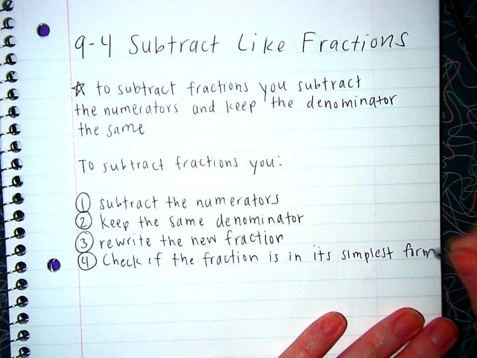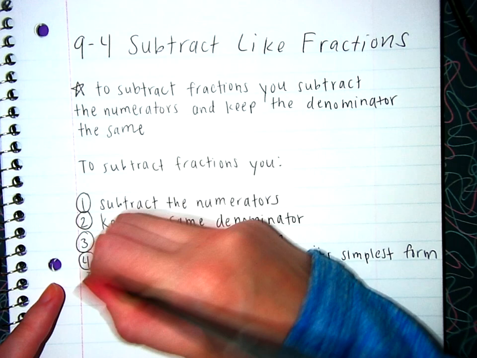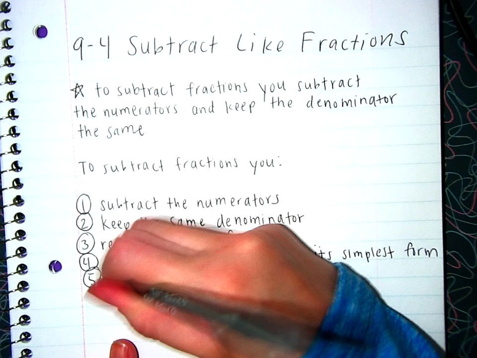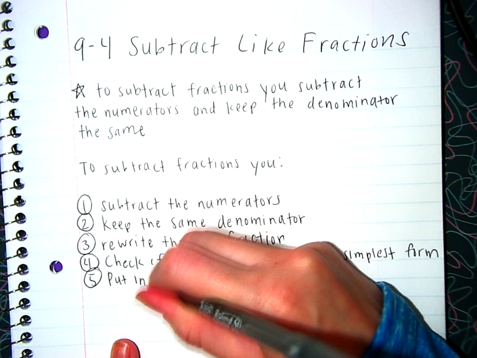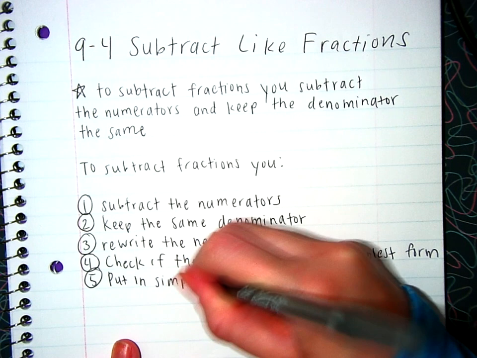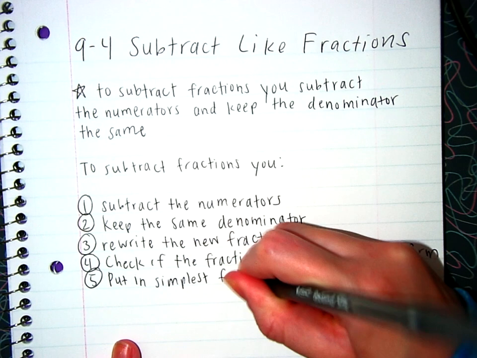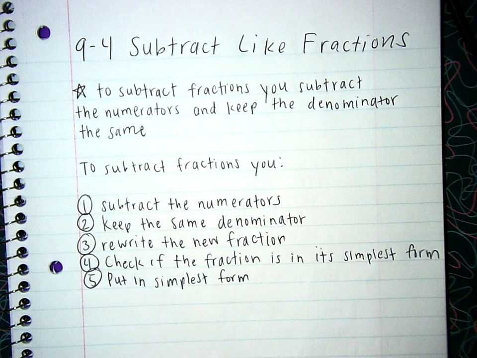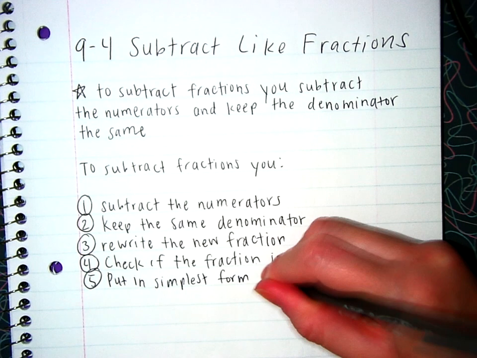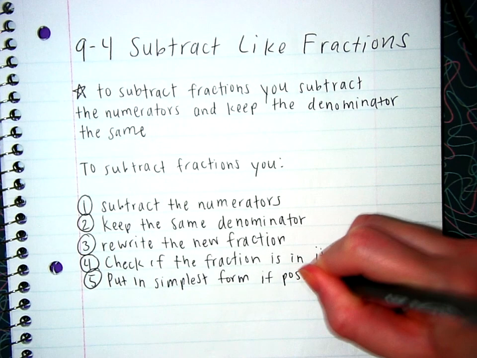Then the 5th step would be to put in simplest form if possible. So only if it's possible for it to be in a more simplest form, because sometimes the answer will already be in its simplest form.